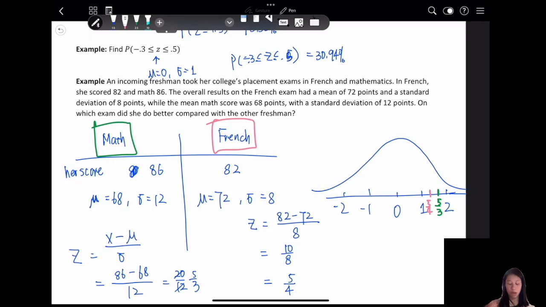By comparing these two, we know that the z-score of the math is greater than the z-score of her French grade. So we can say she did better in math.